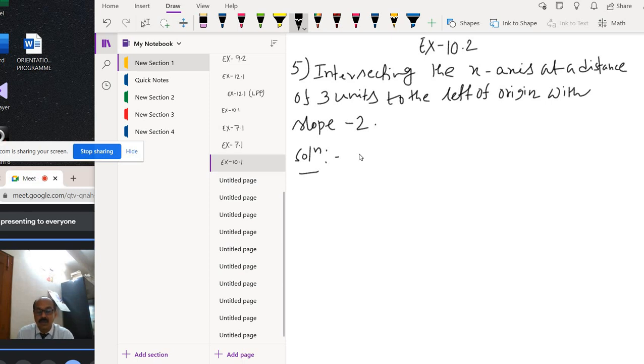So here x1, y1 is the point minus 3 comma 0 on the x-axis, and m, the slope, is equal to minus 2.